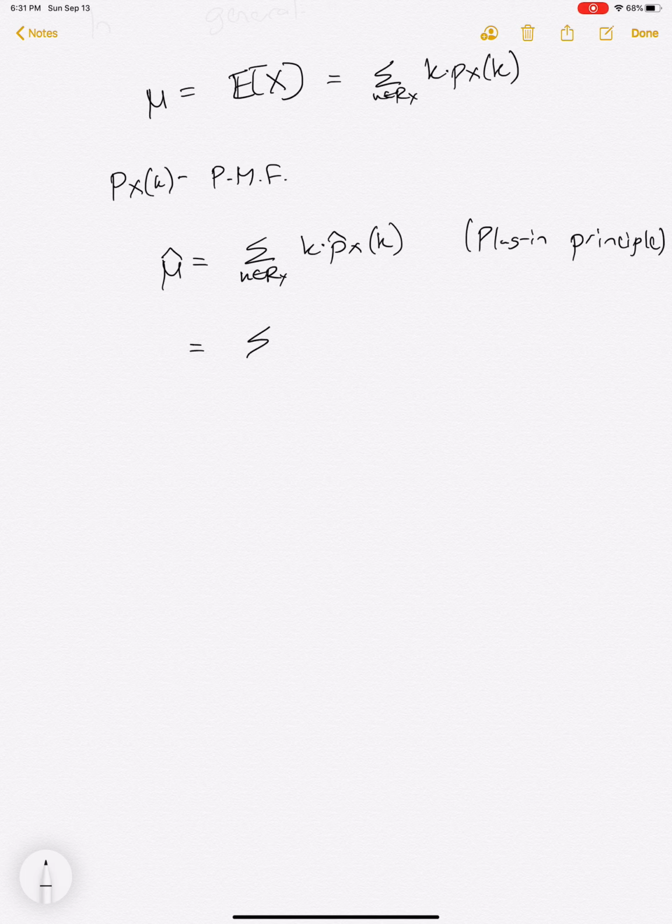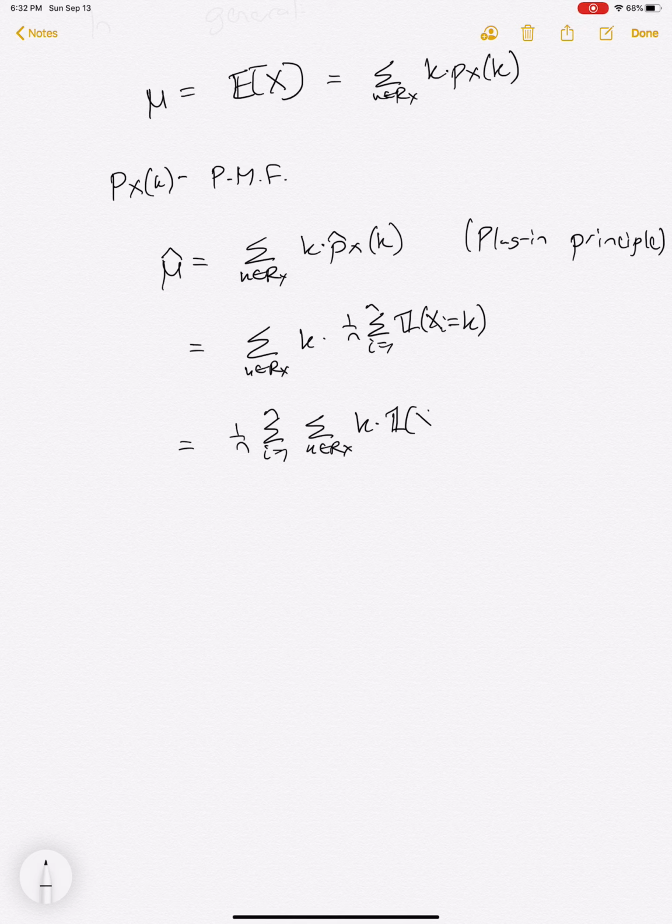And doing a pretty similar calculation to what we did before, okay, this gives you xi.